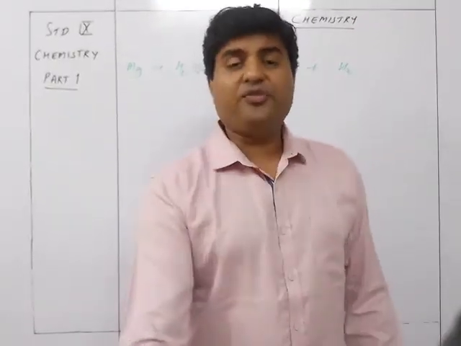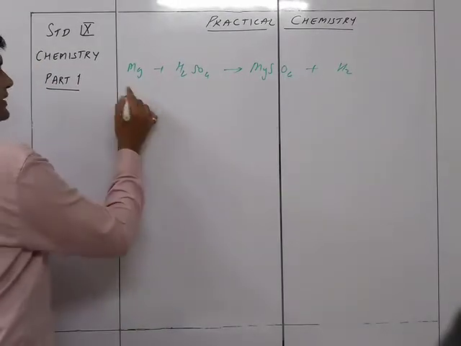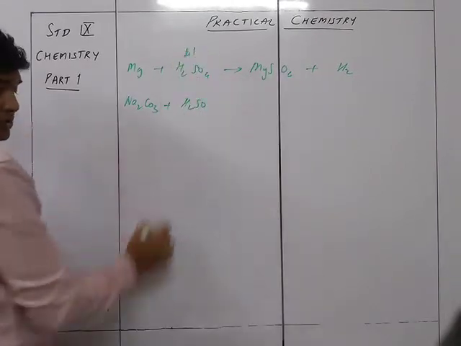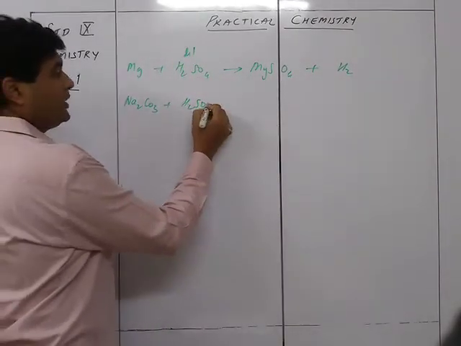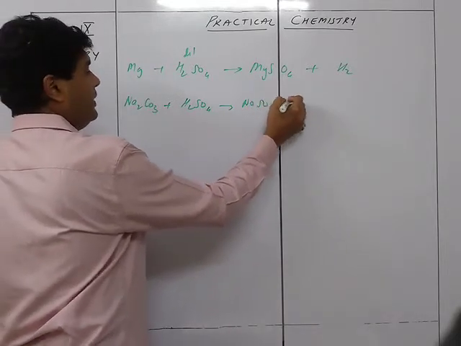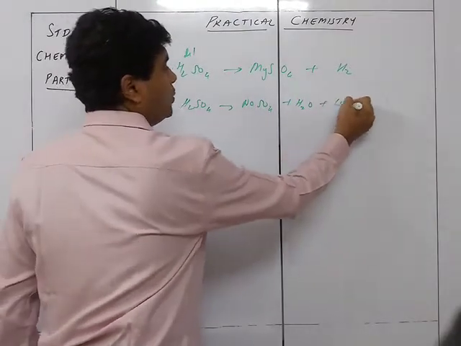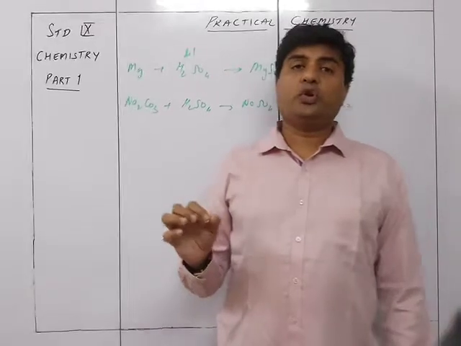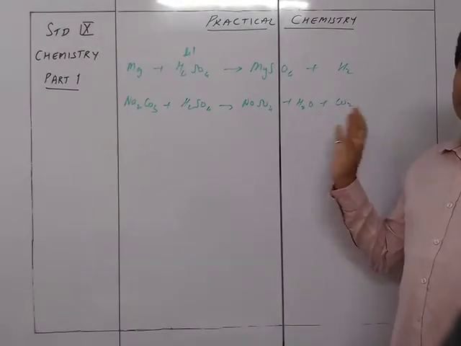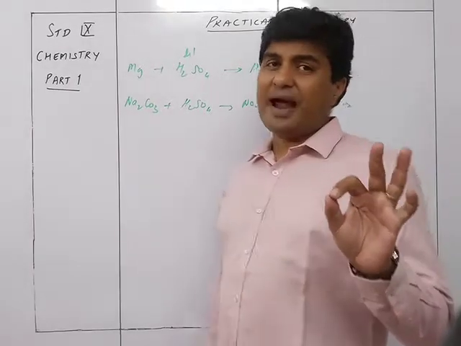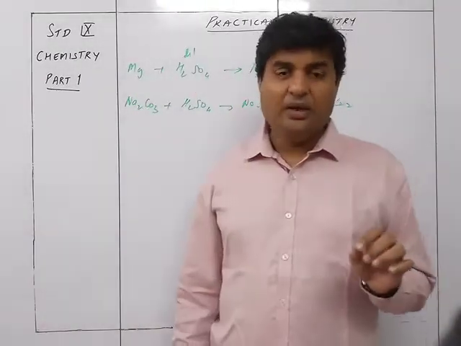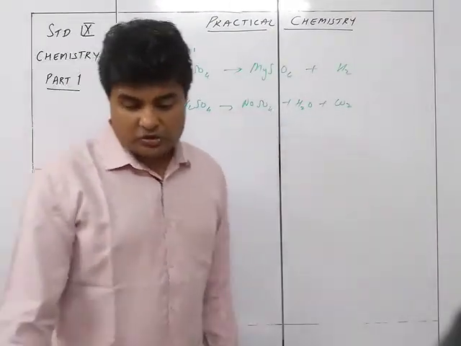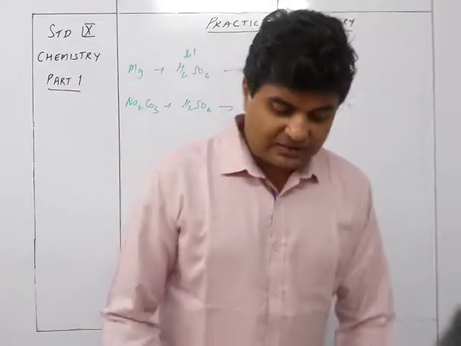Secondly is carbonates. Suppose I have taken Na2CO3 and I am reacting with H2SO4, which is again dilute in nature. It is going to give rise to Na2SO4 plus H2O plus CO2. So a carbonate, when it reacts with an acid, is going to give me salt plus water plus carbon dioxide. Na2SO4 is a salt.